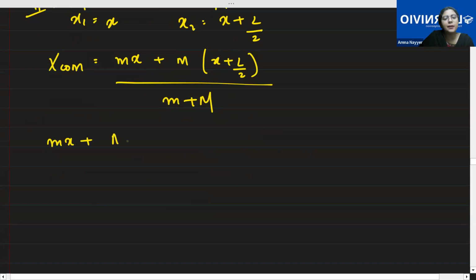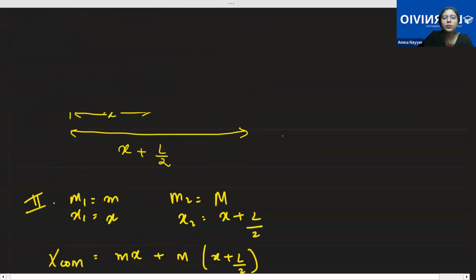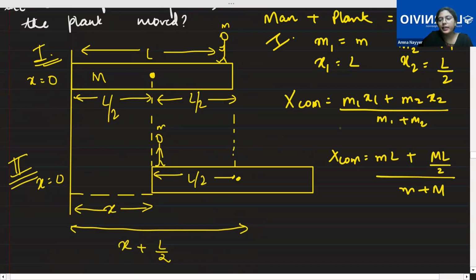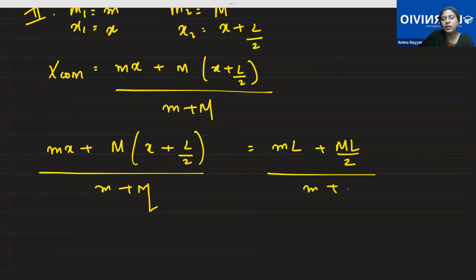Mx plus capital M times x plus L by 2, divided by small m plus capital M, is equal to this one: ml plus ML by 2. So small m into L plus capital M into L by 2 divided by small m plus capital M. This bracket will be cancelled. Only this will be left.